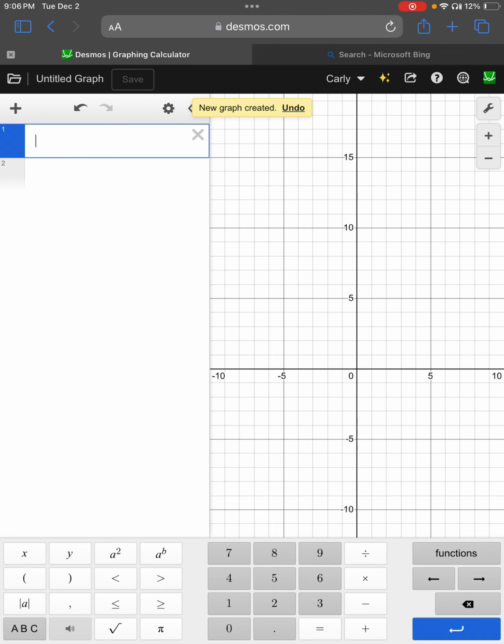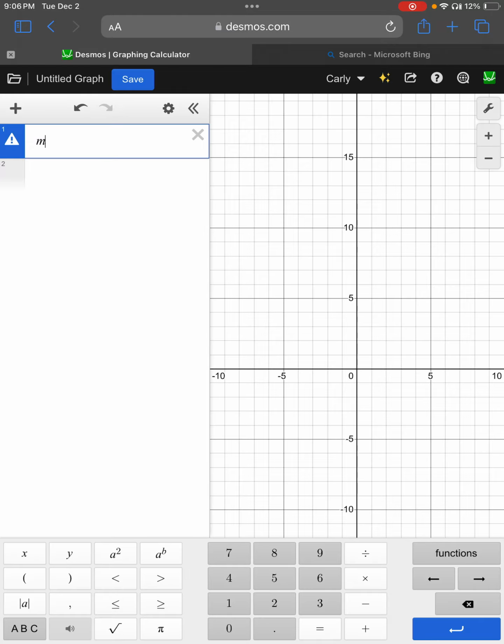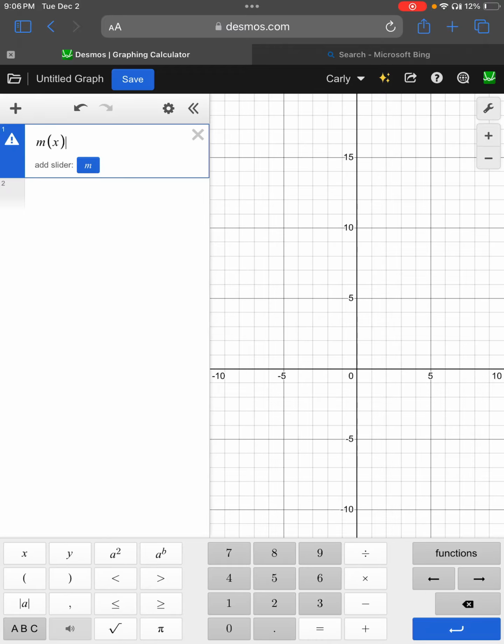So I have M of, and we're going to do X because it's Desmos, equals 17 times E to the 0.03 X.